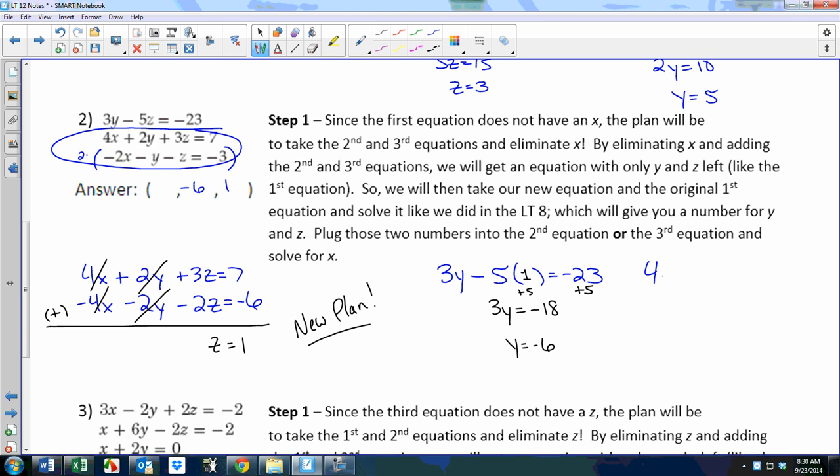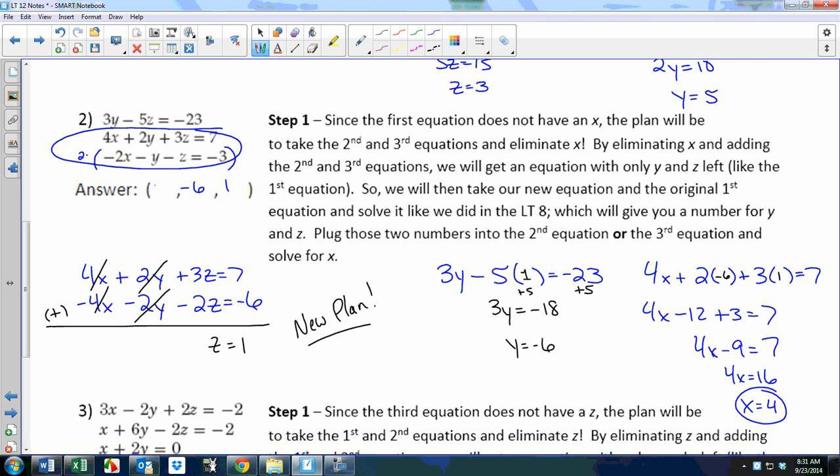So 4 times x plus 2 times y plus 3 times z equals 7. And then we'll plug in our z value 1 and our y value negative 6. So we get 4x minus 12 plus 3 equals 7. Combine like terms, you get negative 9. You add 9 to both sides. Divide by 4, and x is 4.